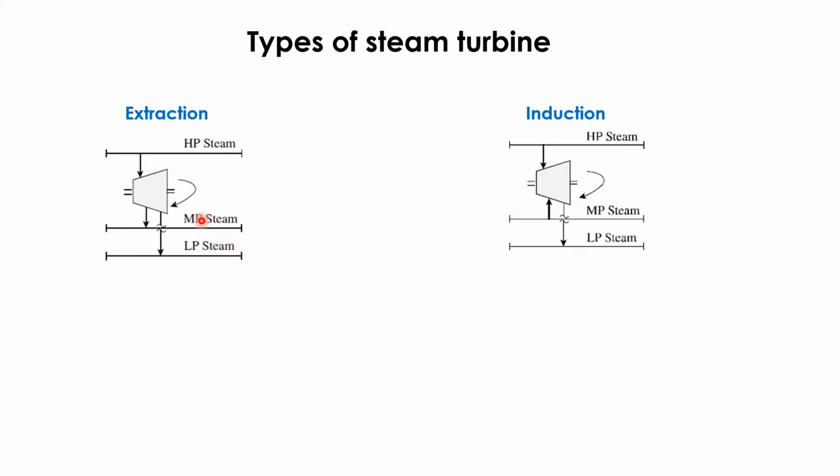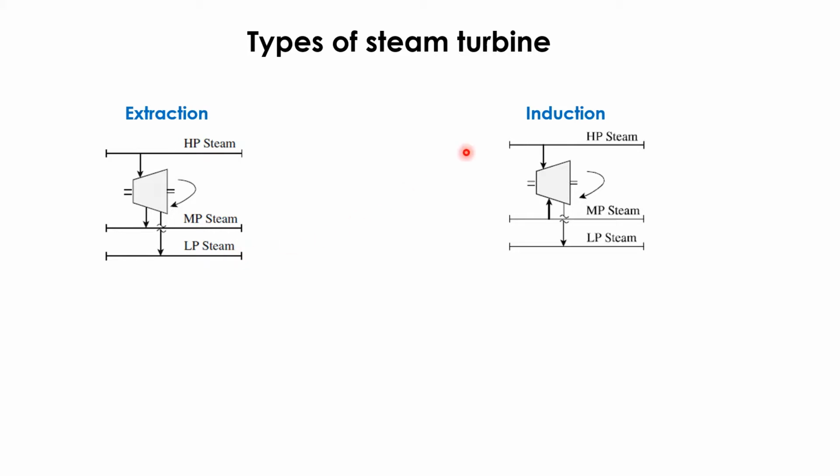The exhaust here could have been taken to the vacuum condition and condensed. The extraction machine might have a partition with valve inside the machine to control the extracted steam pressure.